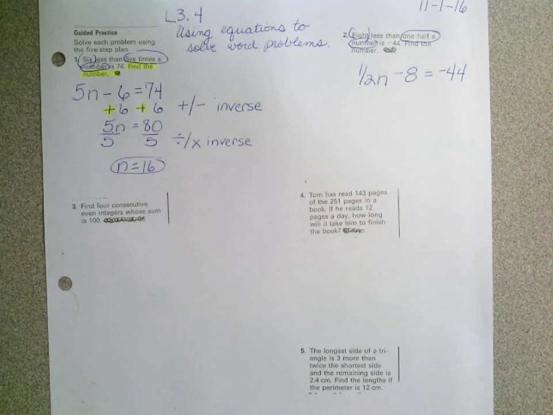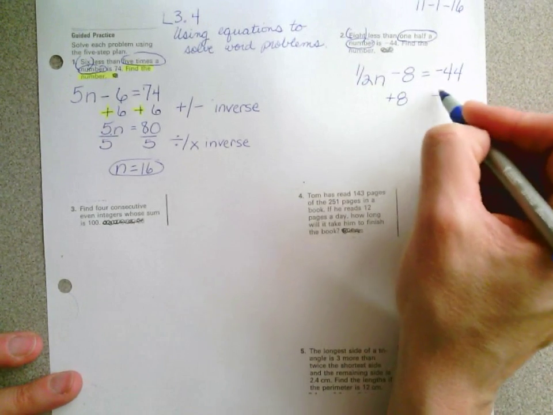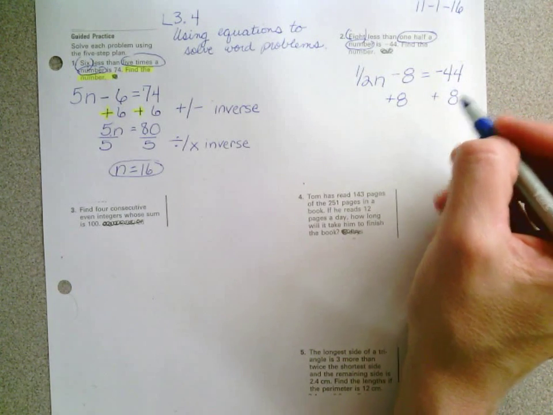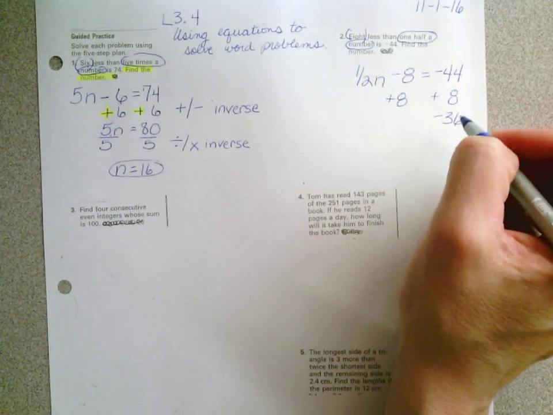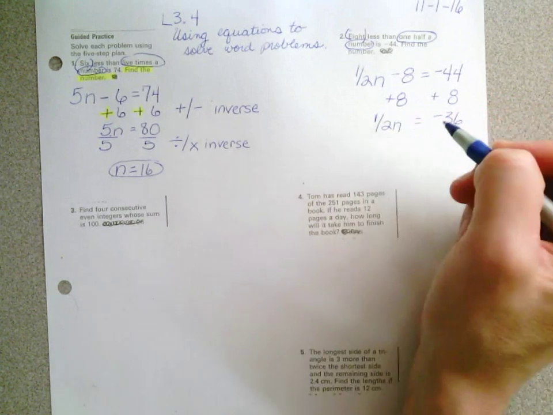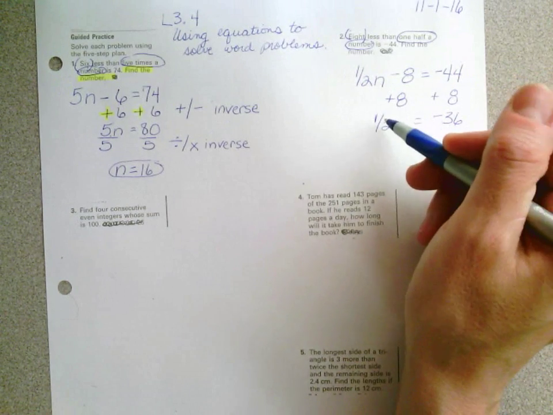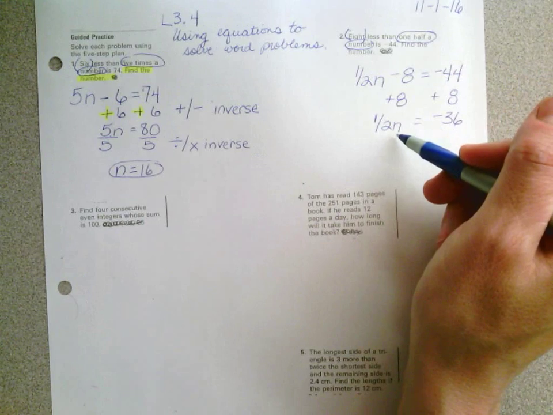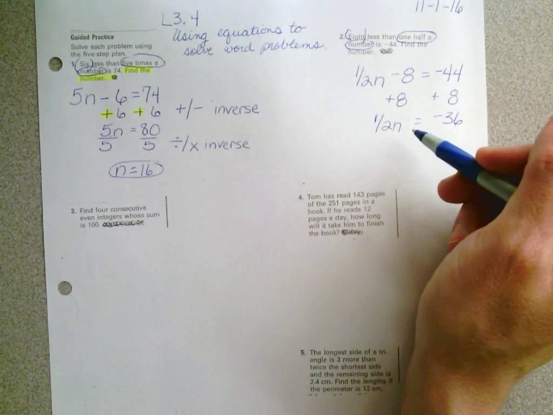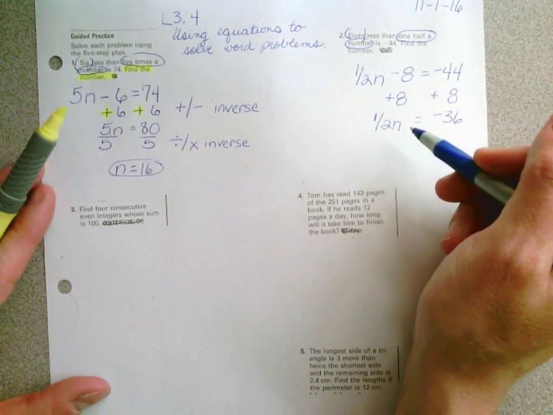Now we're back to using the inverse operation. Since it says subtract, we're going to add. -36. Now, this is where some people might get a little bit confused. This means 1/2 multiplied by something. 1/2 of something is -36. You might know right off the bat that the answer is -72.